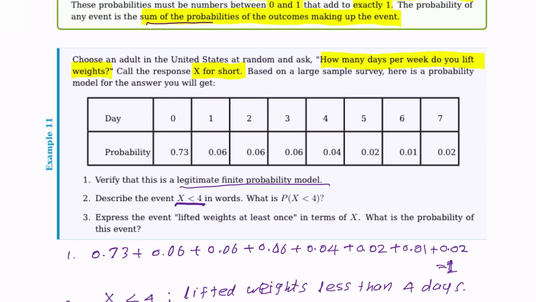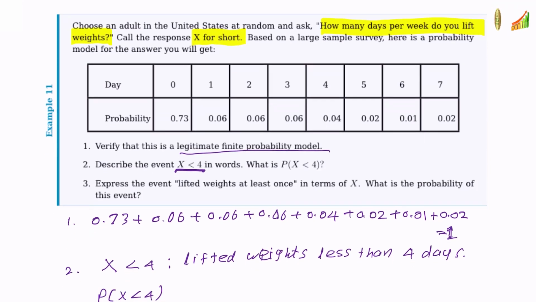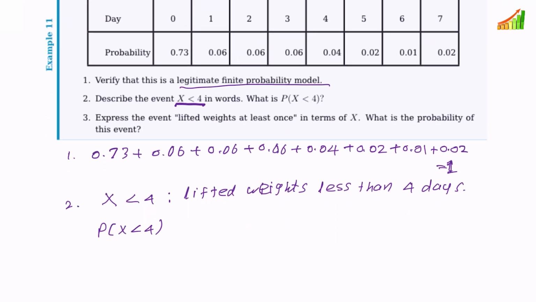The sum of the probabilities of the outcomes making up the event. Right. First understand the values of X. X less than 4 is equal, in the discrete model, to X less than or equal to 3. So X values should be 0, 1, 2, 3.